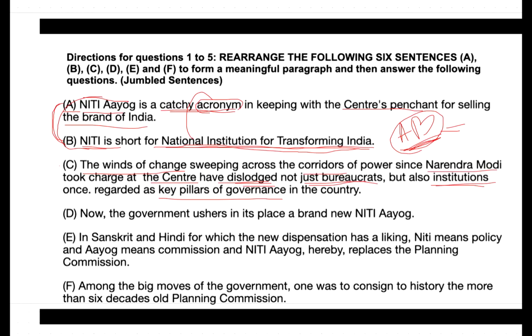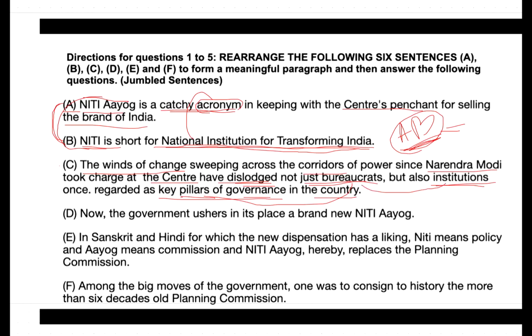These bureaucrats and institutions, once known as key pillars or main part of governance in the country, have changed. So C is talking about something very essential about bureaucrats and institutions. These two are important keywords you can consider.